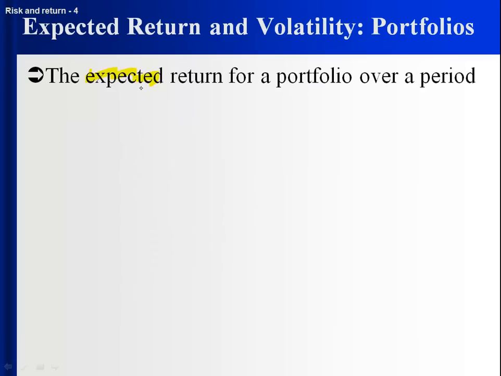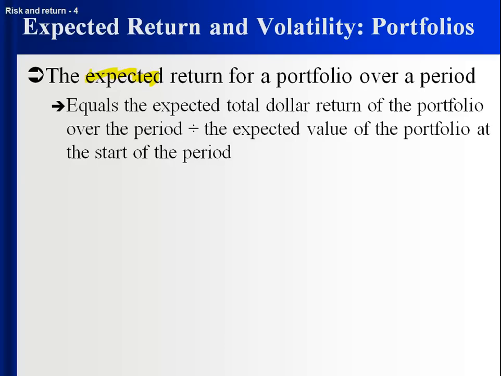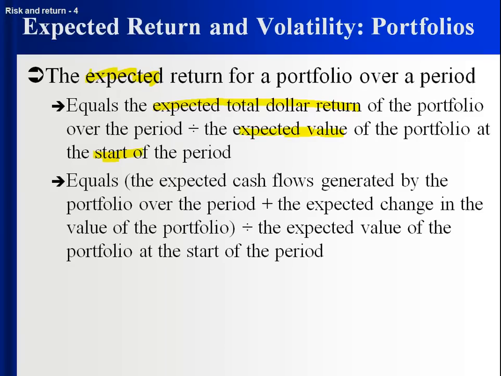Expected return over a period. So again, we just looked at return. This is a case where we're backwards looking. We know everything. Expected return, we're forward looking. We don't necessarily know what's going to happen. What do we expect? It's the expected total dollar return divided by the expected value of the portfolio at the start of the period. But what's the expected total dollar return?